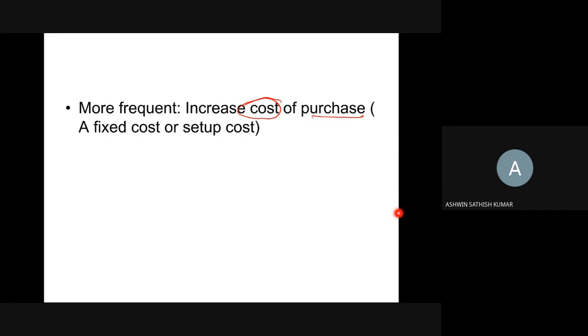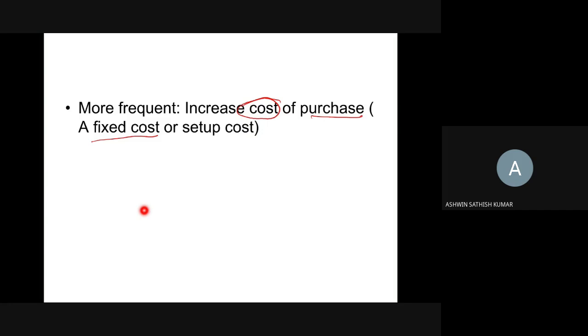And that includes some fixed cost. Means either you procure one item, 10 items, or 100 items, a minimal freight charge you have to bear. If someone is coming to your house to deliver something, he will charge some minimum amount to deliver that item, whether it is one item or 10 items or 100 items.